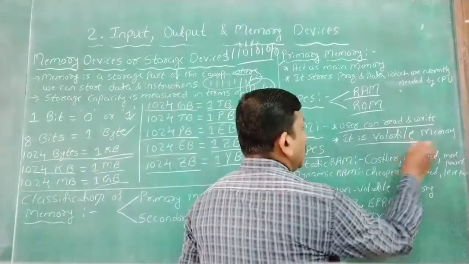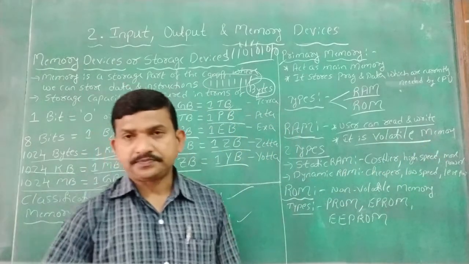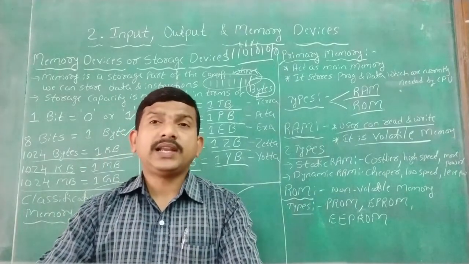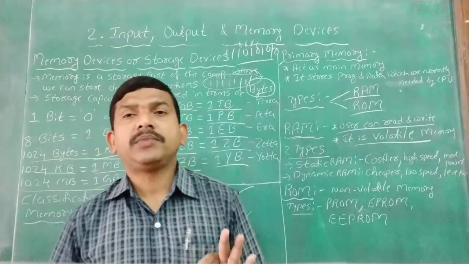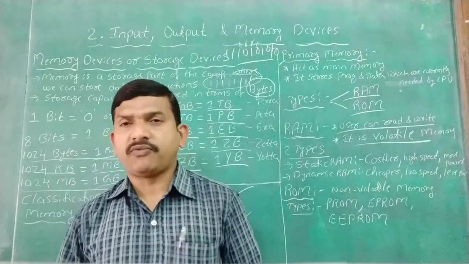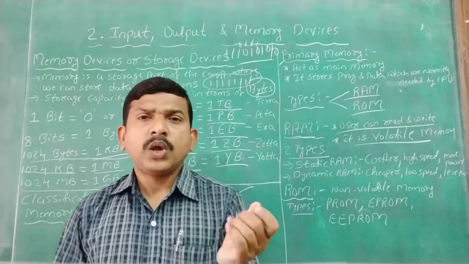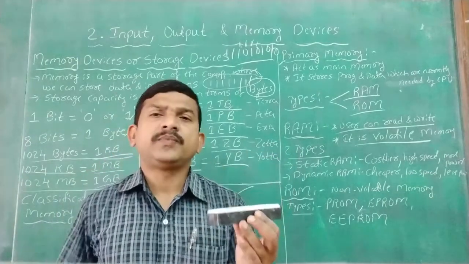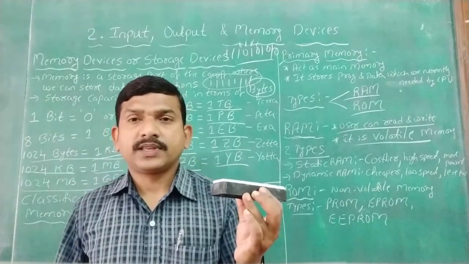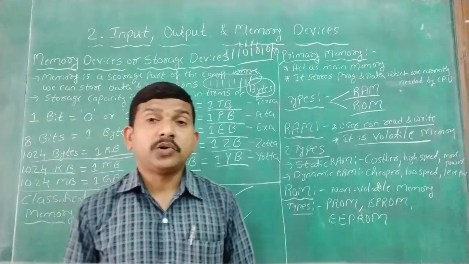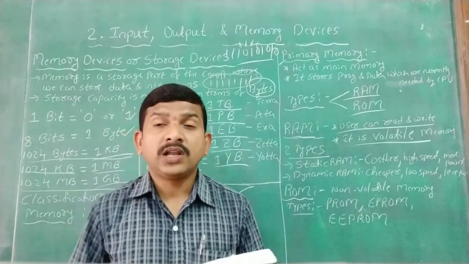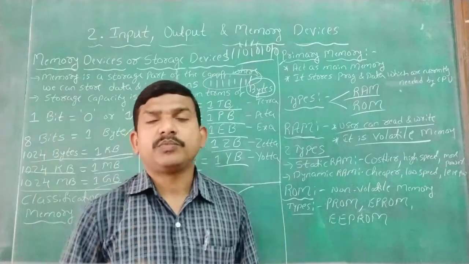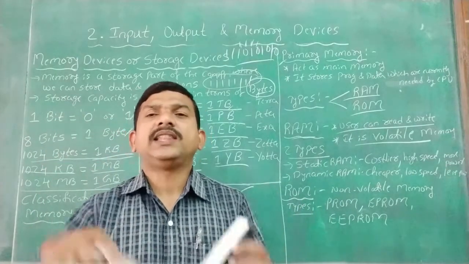Normally we call it volatile memory. Volatile memory means if the power supply goes off, whatever the RAM contains, everything will be deleted or vanish. That is why, when a mobile or computer gets stuck, the best suggestion we give is: just switch off the mobile, wait for 2 minutes and then restart.